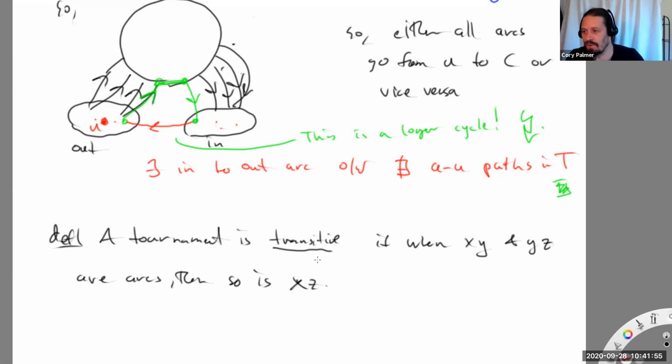This is just our ordinary transitive property, like you might see in algebra or in arithmetic. If we can go from x to y and y to z, then we should also be able to go from x to z.